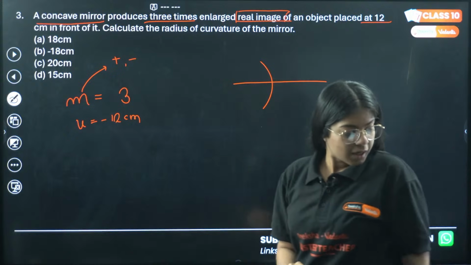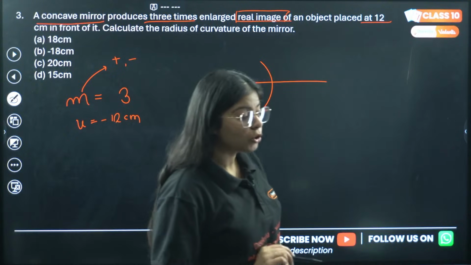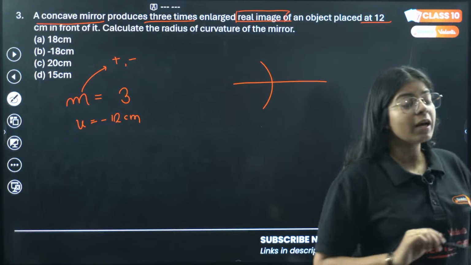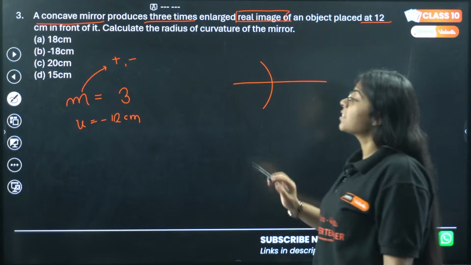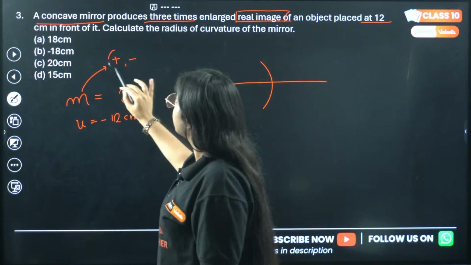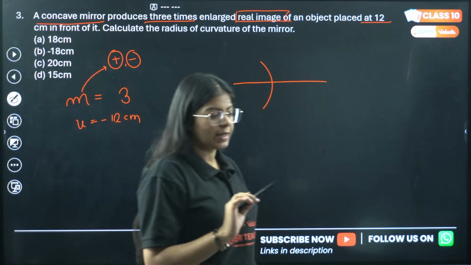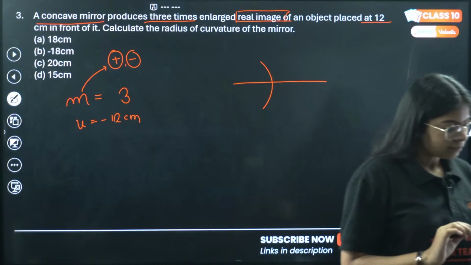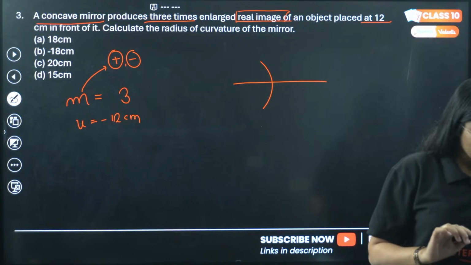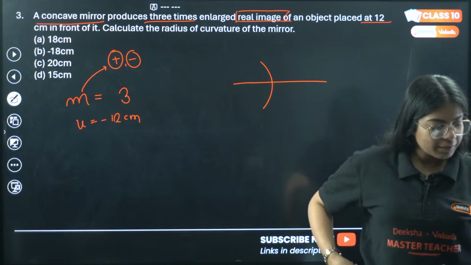Let me know in the live chat if you know the answer to this question. Let me know if the sign of magnification is positive or negative. Then we'll move on to the next part of this question.